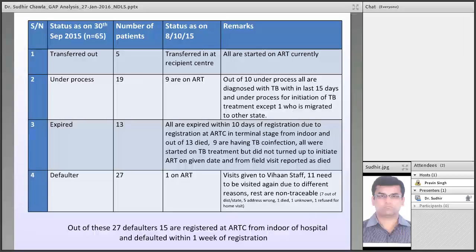The patient has to be started on ART before discharge, or properly transferred out to the ART center nearest to their home. This policy-level decision can be taken to decrease the gap of under process, expired, and defaulters.